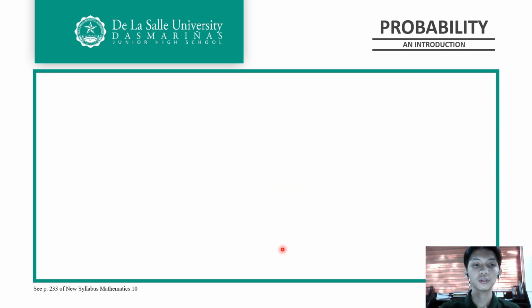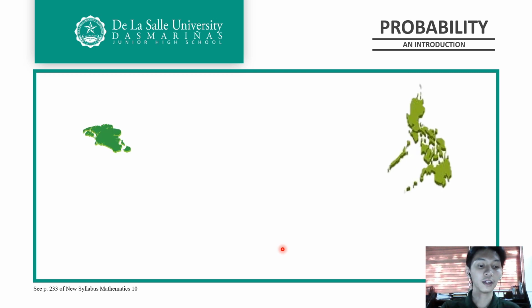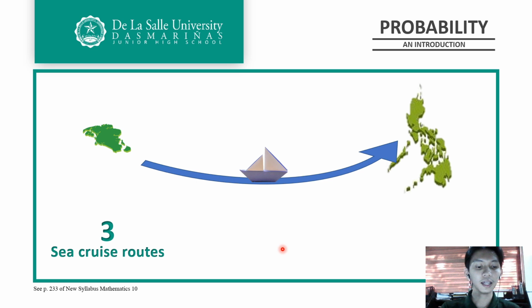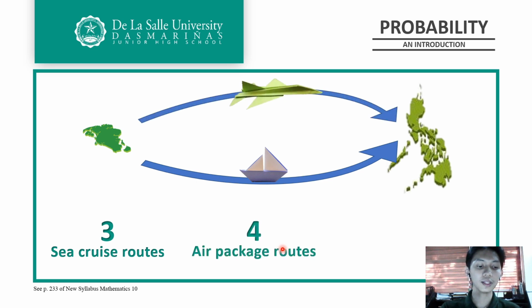In your book of New Syllabus Mathematics 10, page 233, there is a particular problem about a traveler who wishes to visit Manila in the Philippines starting from Singapore. And so if he has a choice of taking any of 3 different sea cruise routes and any of 4 air package routes, in how many ways can he travel from Singapore to Manila?